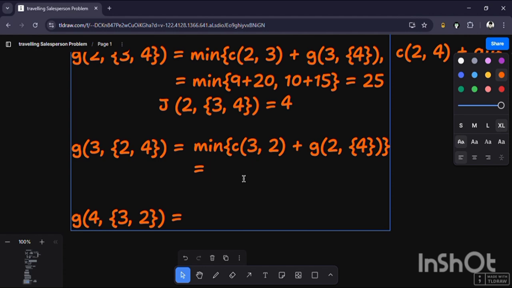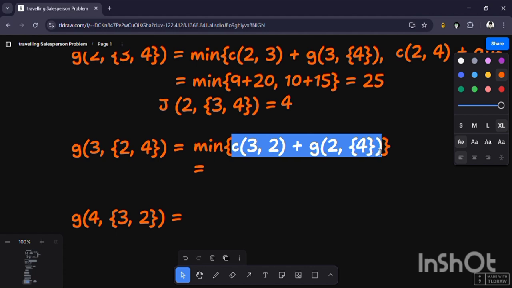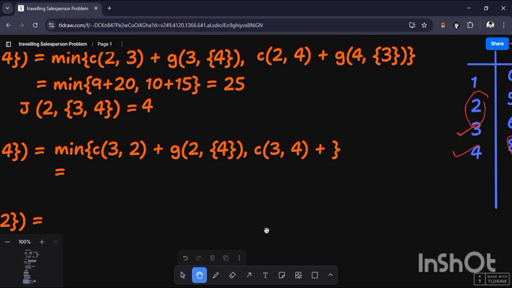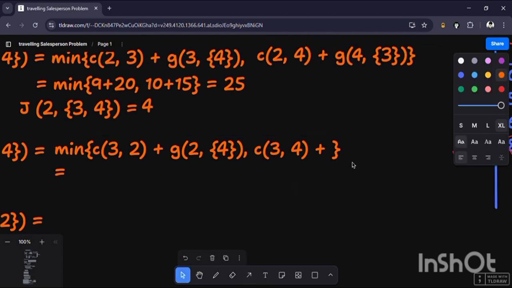This is one path, and there is another path, c of 3 comma 4 plus g of 4 comma remaining is 3, right?